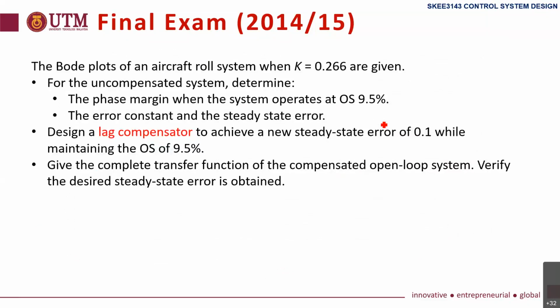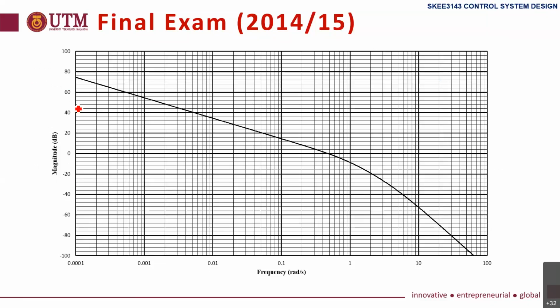The Bode plot of an aircraft roll system where K is 0.266. A Bode plot is given here with K equal to 0.266. It's not K equal to 1 or any other value.